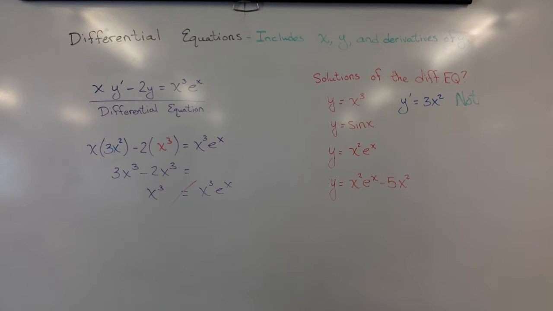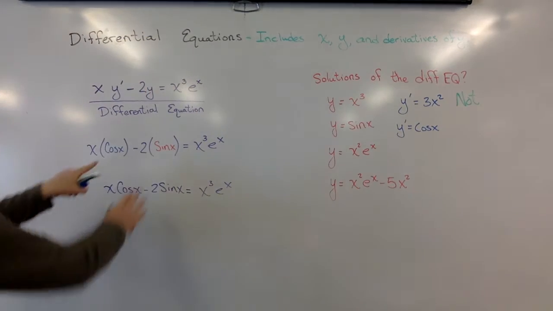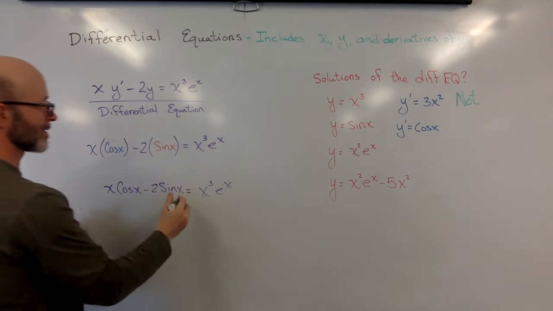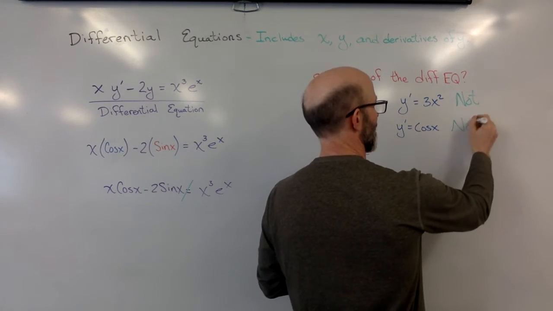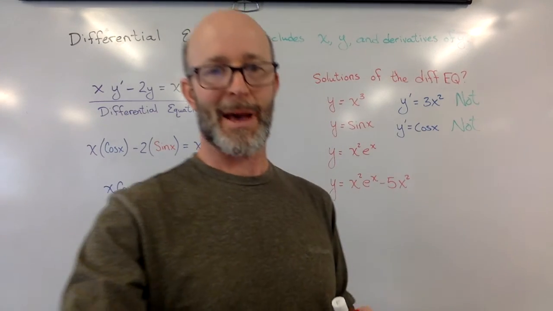Take a look at the second example. If I take the derivative of that second possible solution I have here, I get cosine. When I plug these in, are those the same values on each side of that equation? Do you think 4 cosine minus 2 sine equals that exponential? I don't think so. That's not going to be a solution. No chance. Forget about it.